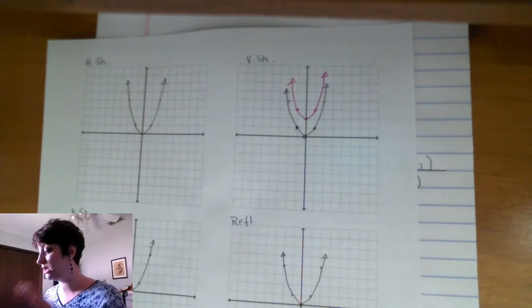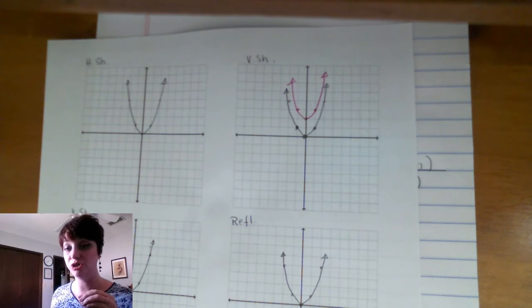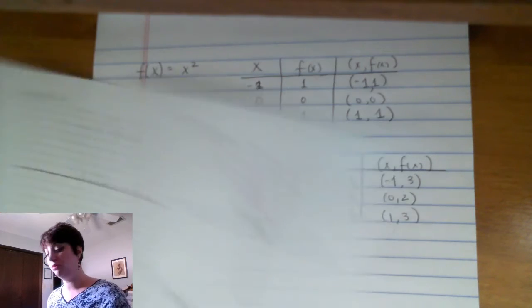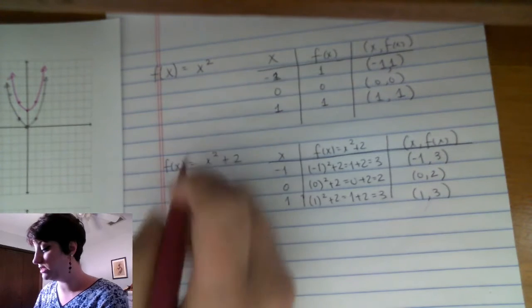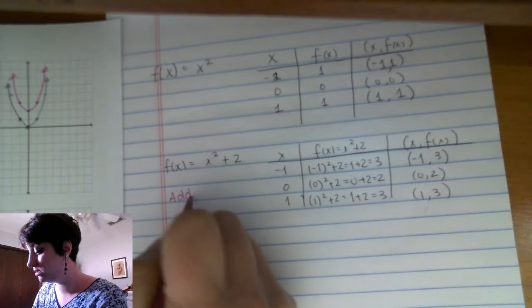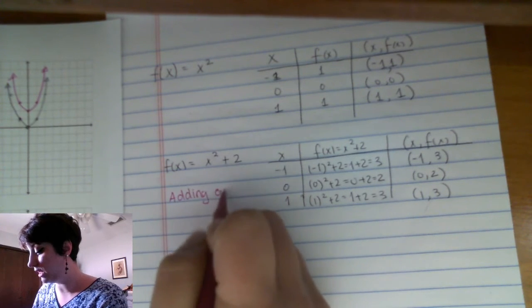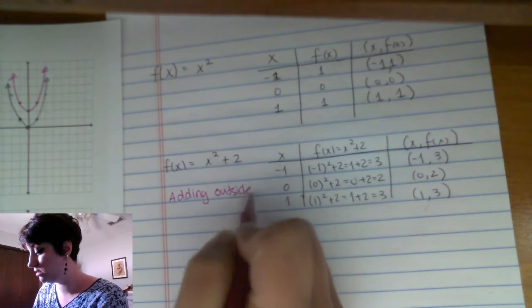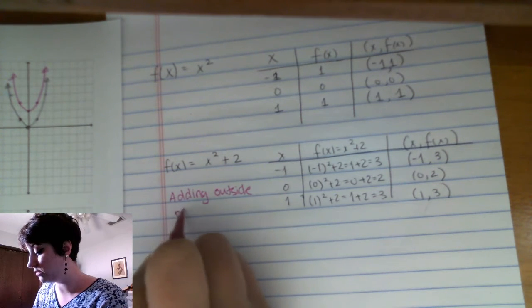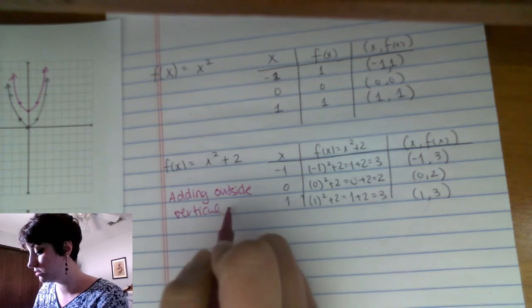Okay, so this is what we call a vertical shift. So the summary of this one is adding outside is a vertical shift.